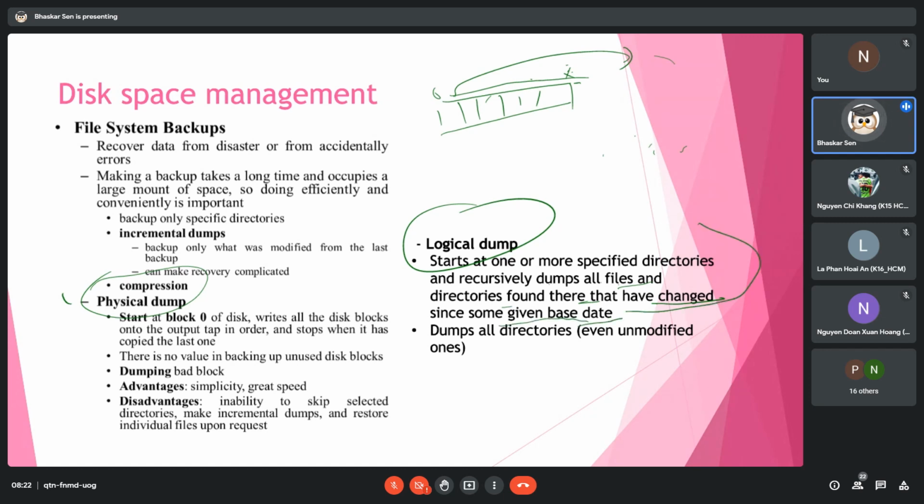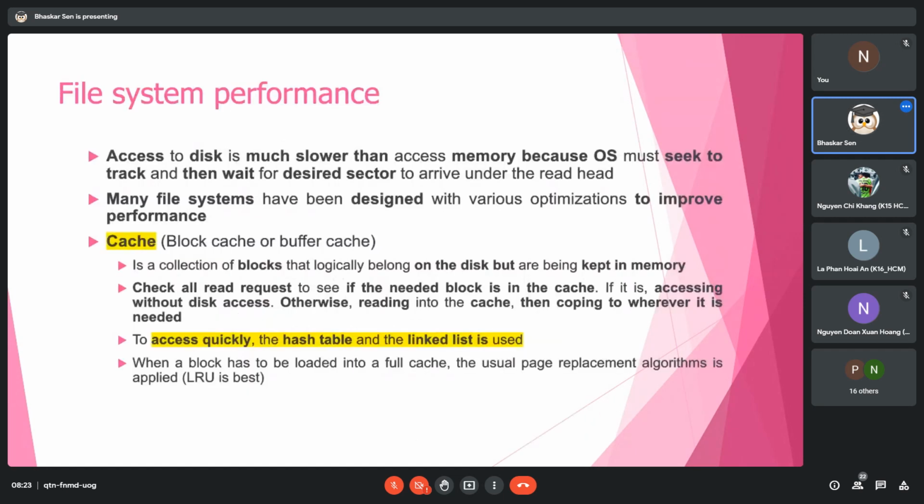Of course, given base date means the date of last backup. So after that last backup, whatever backups you're taking, you can just go ahead and implement it. You get my point? So that is a more efficient way of taking backups. That really helps.